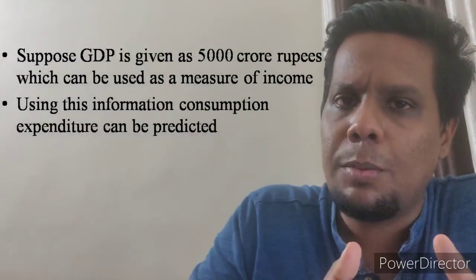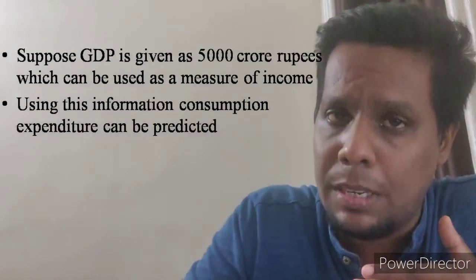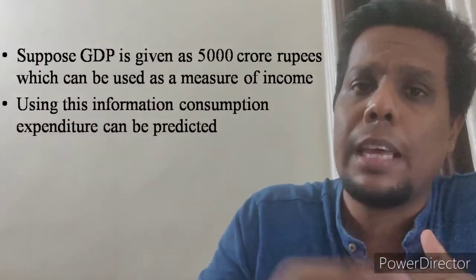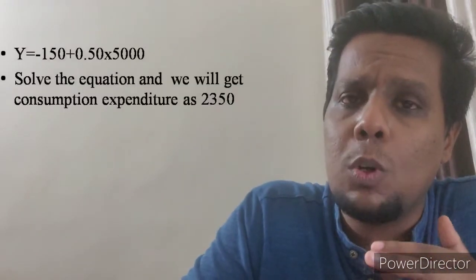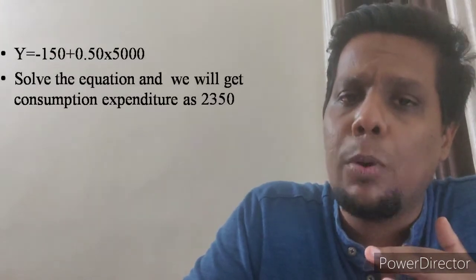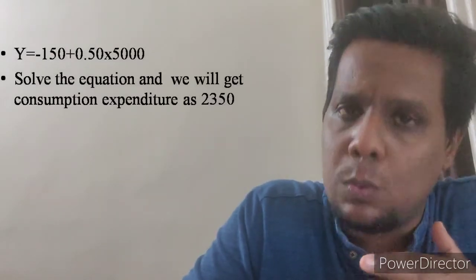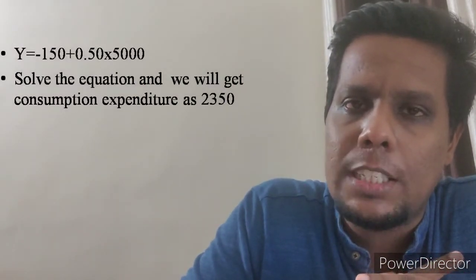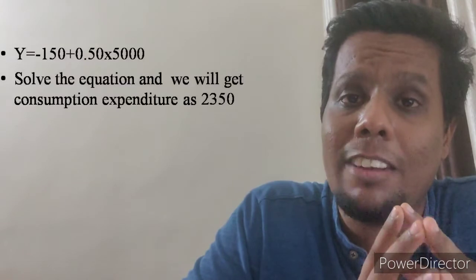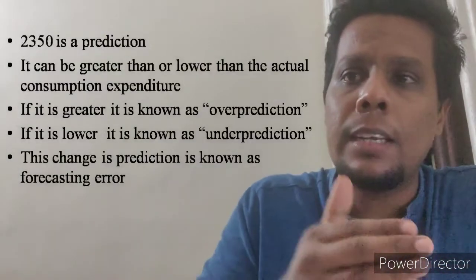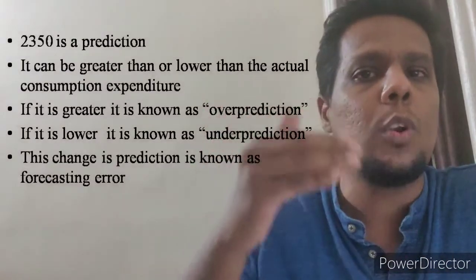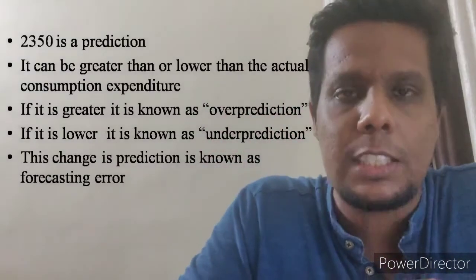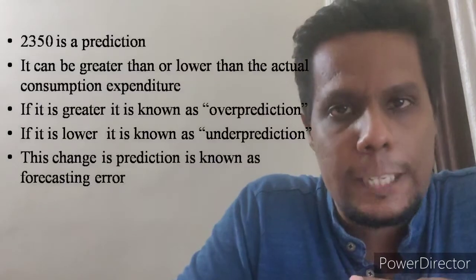With this information, we can predict the value of consumption expenditure by applying the value in our equation: y is equal to minus 150 plus 0.50 into 5,000, and we will get the value of consumption expenditure as 2,350 crore rupees. This is a predicted value, and our prediction might be greater than or lower than the actual value of consumption expenditure for any given year.